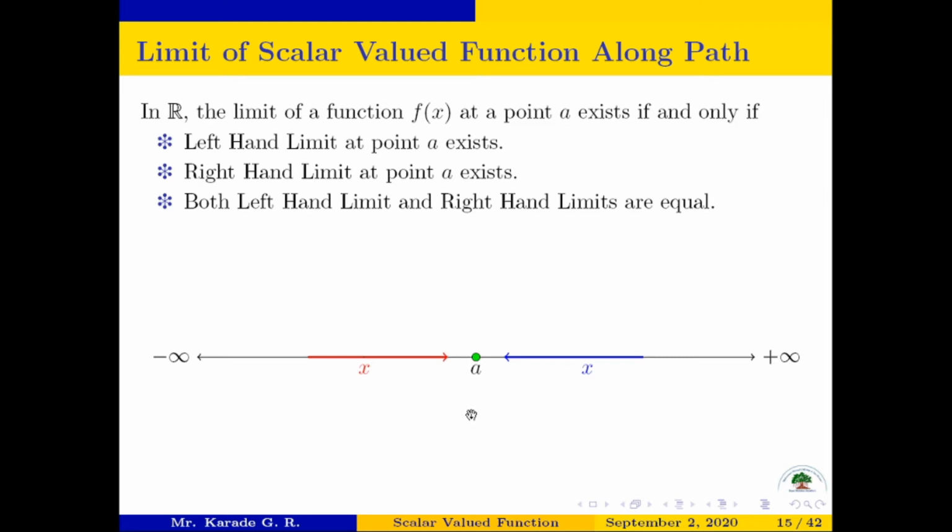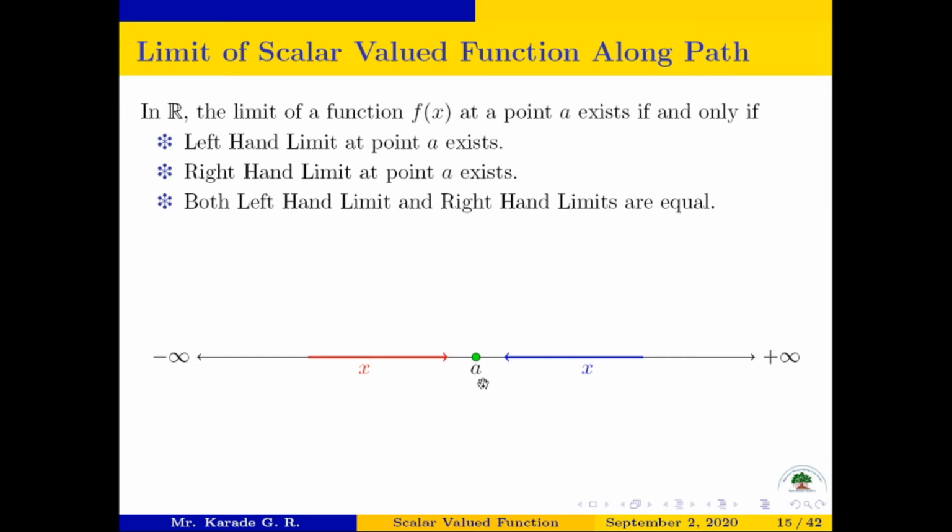So in this case we can say that the limit at point a exists if the limit of function f exists as x approaches towards a from all directions. Here there are only two directions.